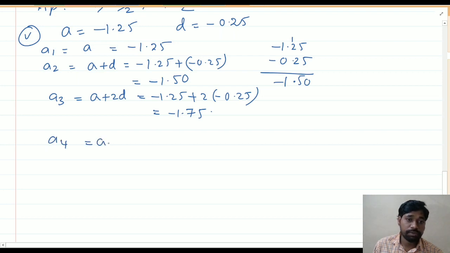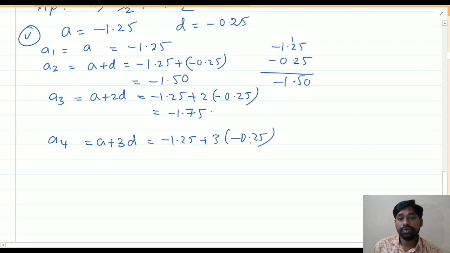A4 is equal to A plus 3D, that is minus 1.25 plus 3 of minus 0.25. 3 into 0.25 is 0.75, and adding this it becomes minus 2. So the AP will be minus 1.25, minus 1.50, minus 1.75, minus 2.